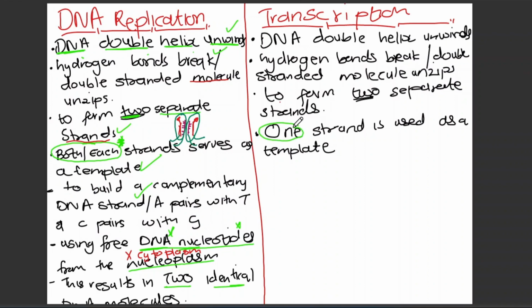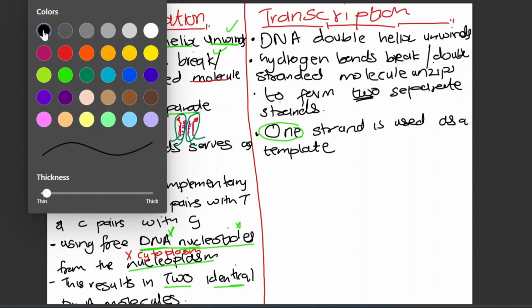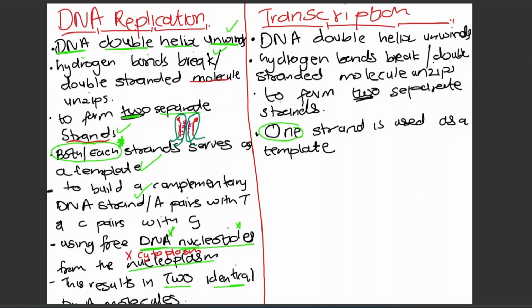In DNA replication, both strands are used, or they serve as a template. But now this one strand that serves as a template is serving as a template to form messenger RNA.